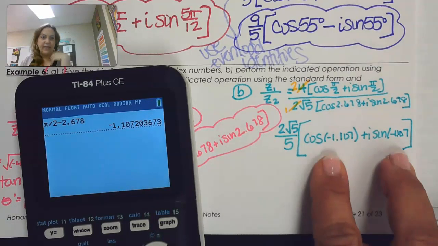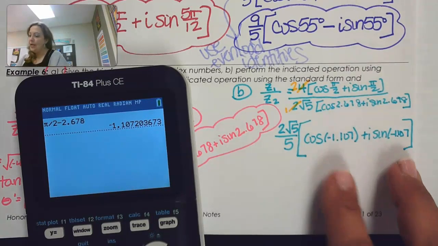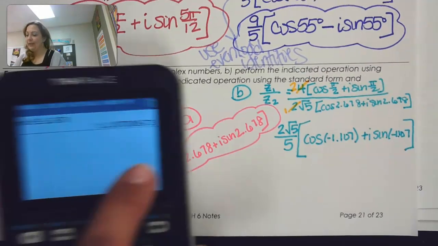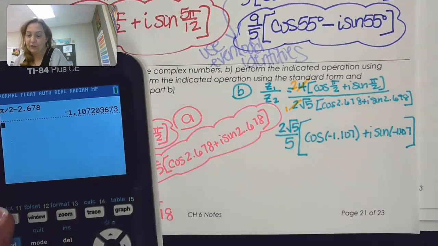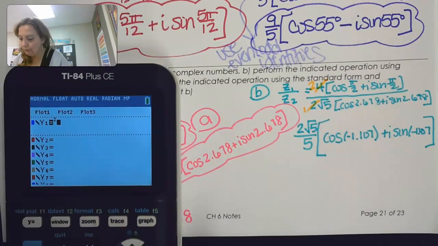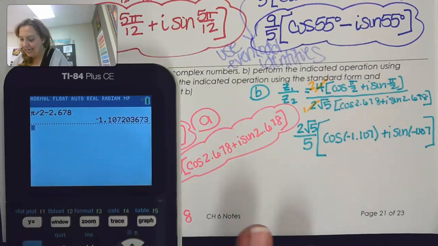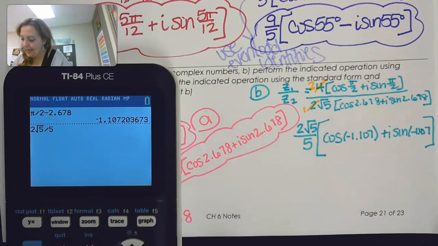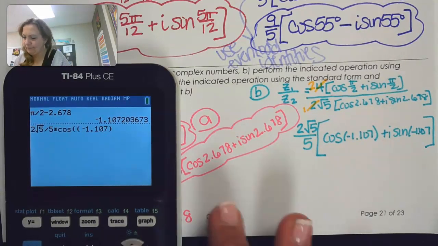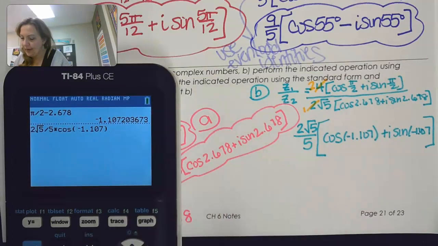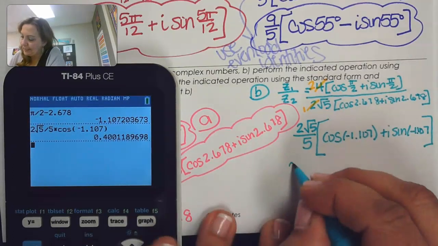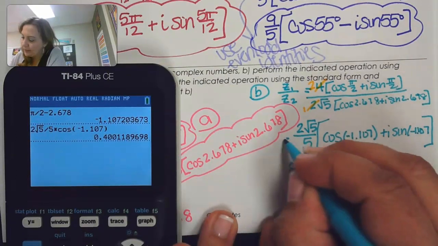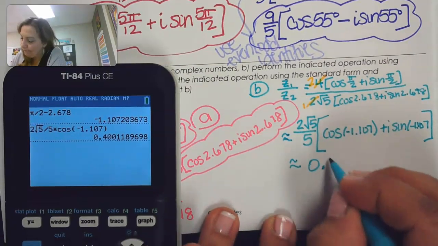Okay. And again, we're just going to have a decimal form. I know that we could use the even and odd properties again. That would be beautiful. But since we're just going to compare it to what we get, let's just multiply these together. So I'm going to take 2 root 5 over 5 and multiply it by the cosine of negative 1.107. Okay. And so notice that this gives me about 0.400.